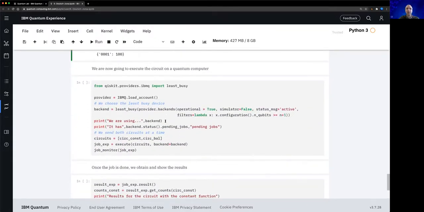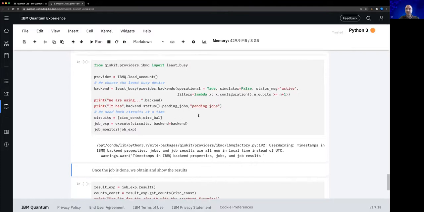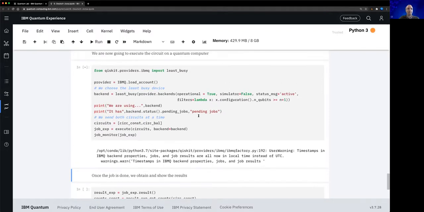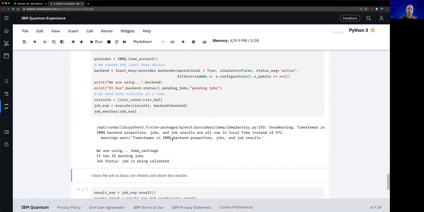Let's do it with the actual quantum computer to see how it goes. Let me check whether the queue is very long or not, to decide whether I wait for the results or I continue with other things and then we go back to see the results. Oh, 32 jobs ahead of us in the queue.